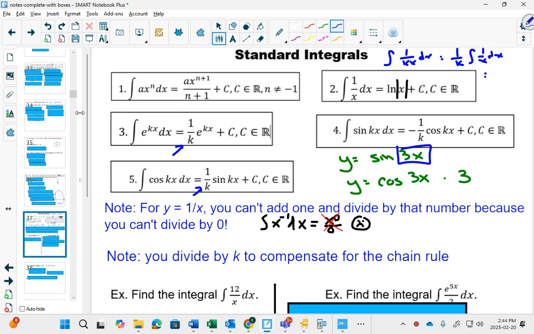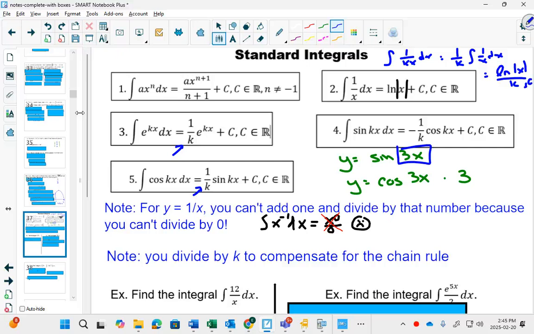And then I would get natural log of absolute value of x over k the same way. And then the question is, well, why isn't there like a k inside? We could examine that a little bit as well, but we don't have to worry about it in that situation.